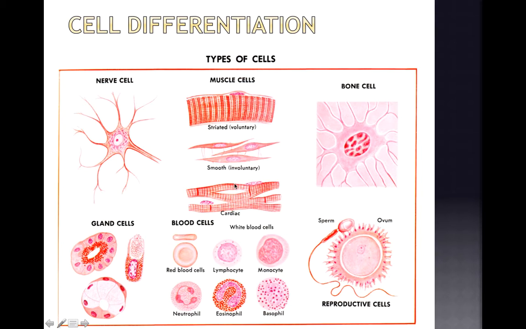Cardiac cells are also different from those, very, very strong muscles. Bone cells produce a lot of enzymes and proteins that are then used to create the bone structure. And each one of the cells is just an amazing thing.